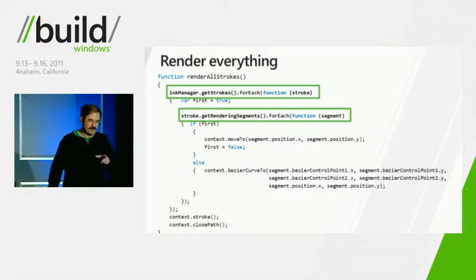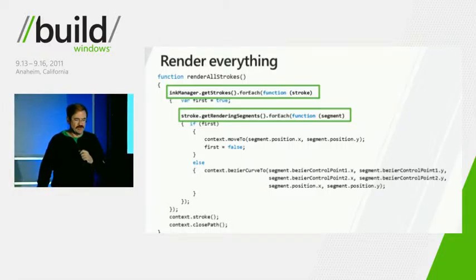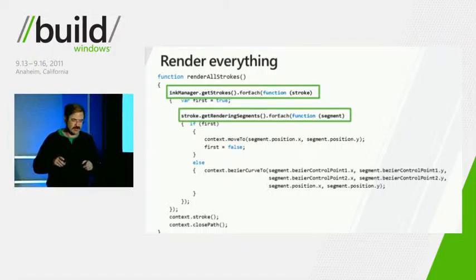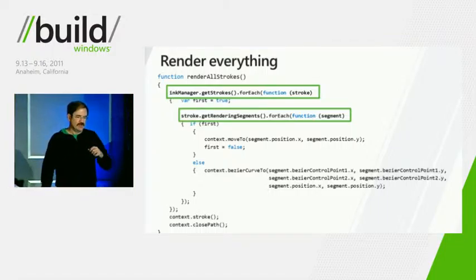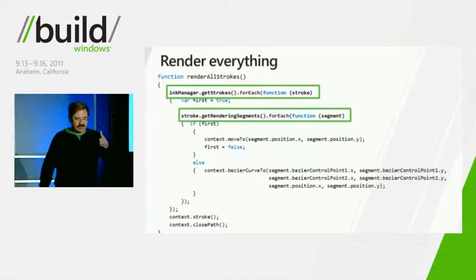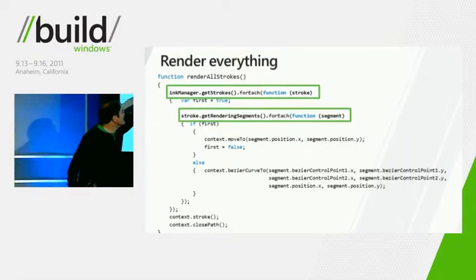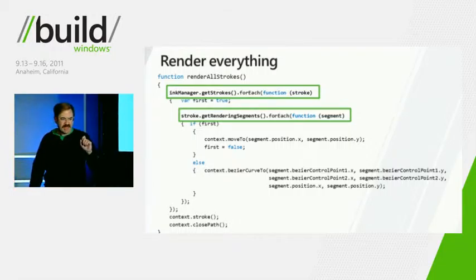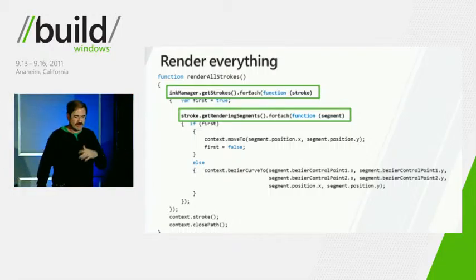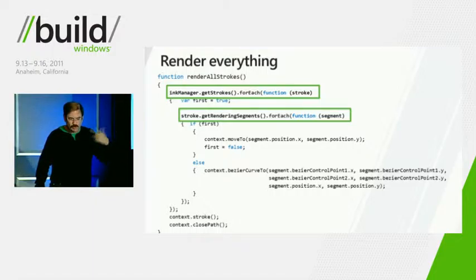And normally, getRendering segments doesn't return XY points. It returns segments that would fit a nice Bezier curve. So it happens to give you data that's an exact match to what the context's Bezier curve to function needs to draw a Bezier curve. And this is much faster because we're not looping per stroke.